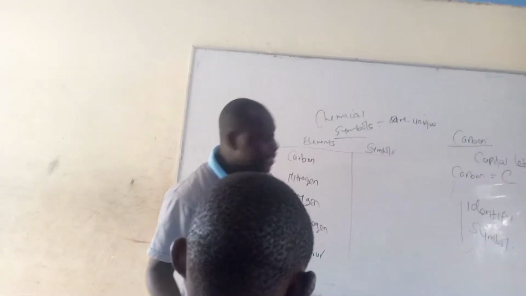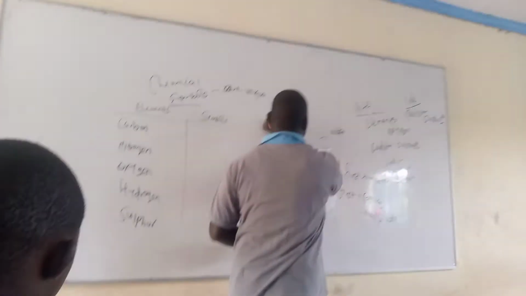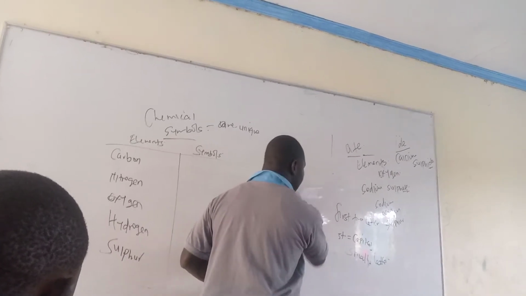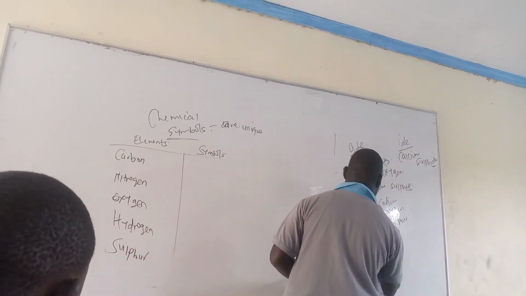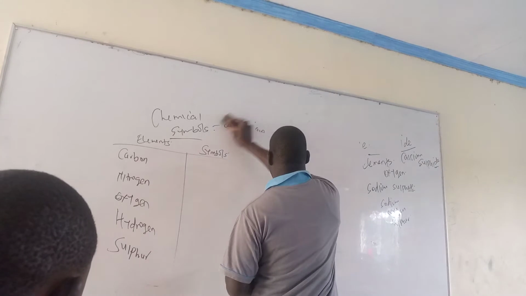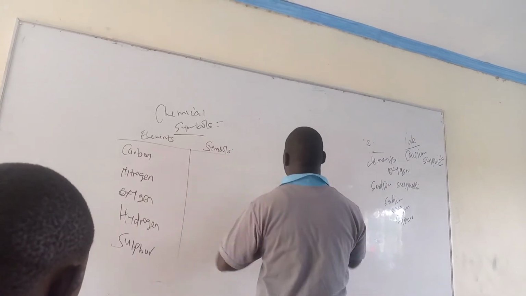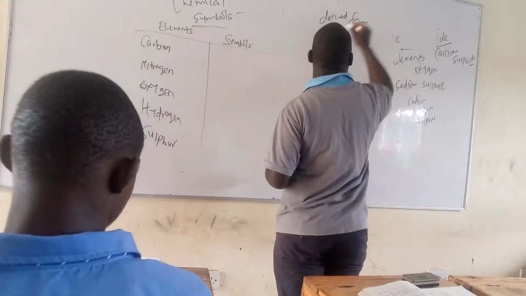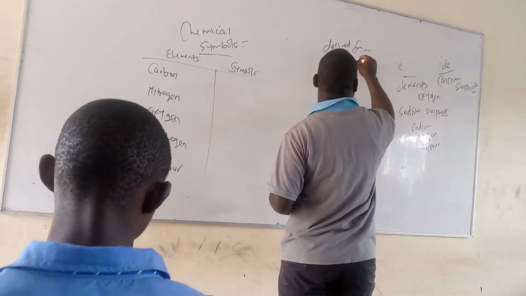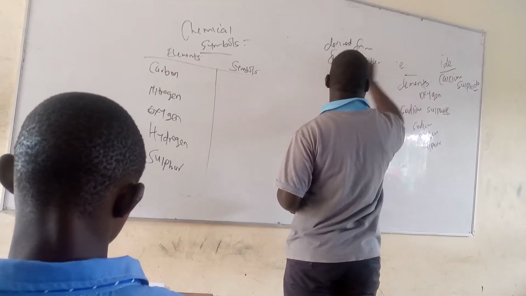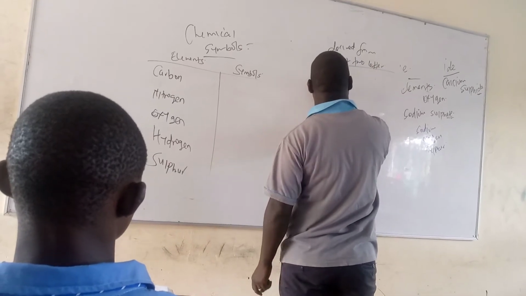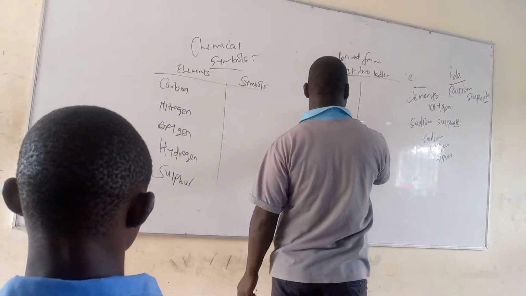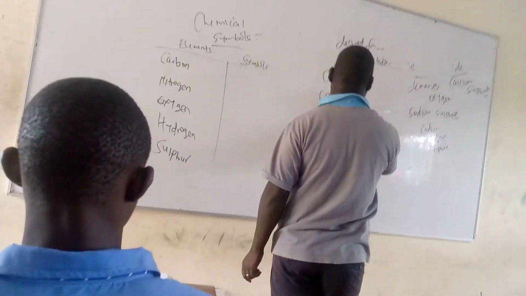And we have others that we derive from the first two letters. I can give an example. Derived from the first two letters, we have calcium, we have cobalt.